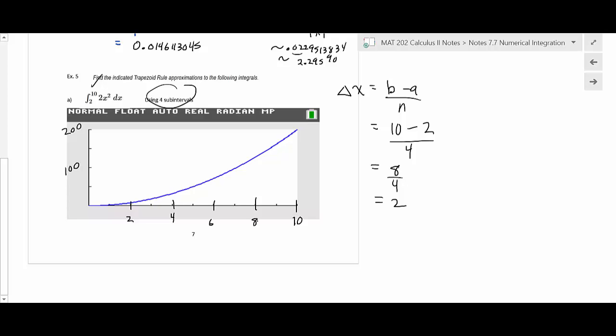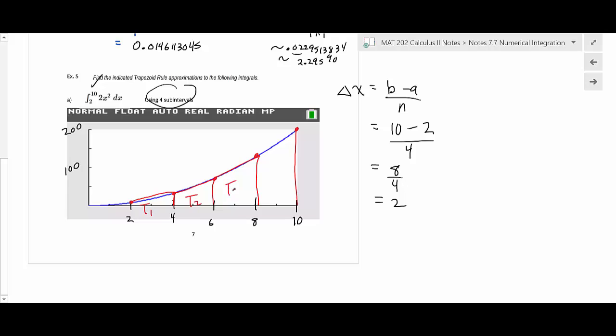Let's go ahead and get our diagram drawn on this. So what we're going to do is the trapezoids. You're going to take this function value, that function value, and then make your trapezoid out of that. So just go ahead and connect like that. That'll be your first trapezoid, and then that's your second trapezoid. I'll just label these like that, and then all the way up.